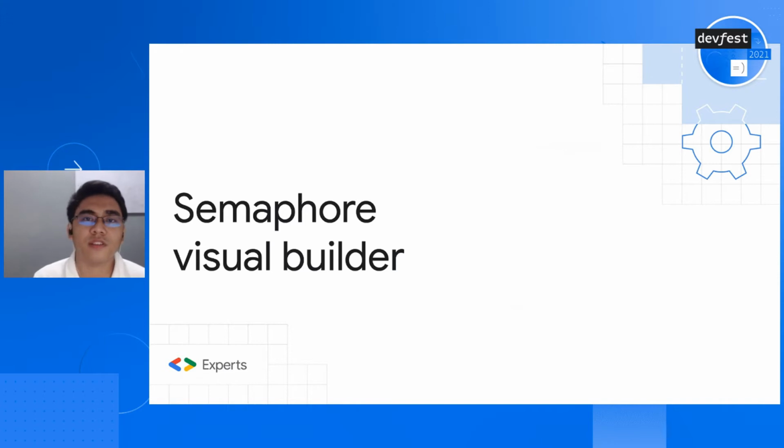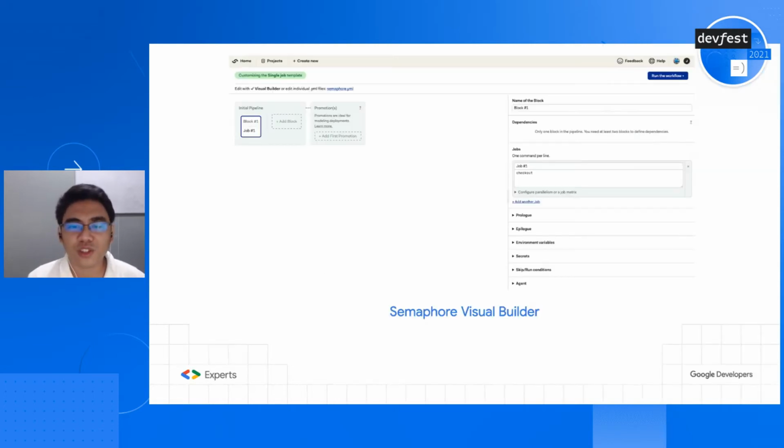And the next interesting thing is the visual builder for Semaphore. From experience, there have been a lot of tools out there, and Semaphore has at least one of the best workflow builders, the way I see it. And we'll actually try it now. But just to give you an overview, this is what it looks like in creating the pipeline. And it's very intuitive.